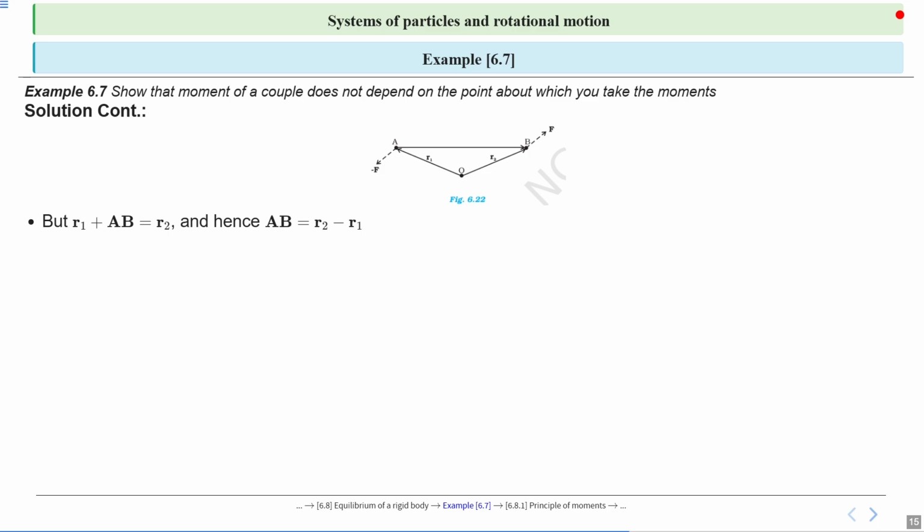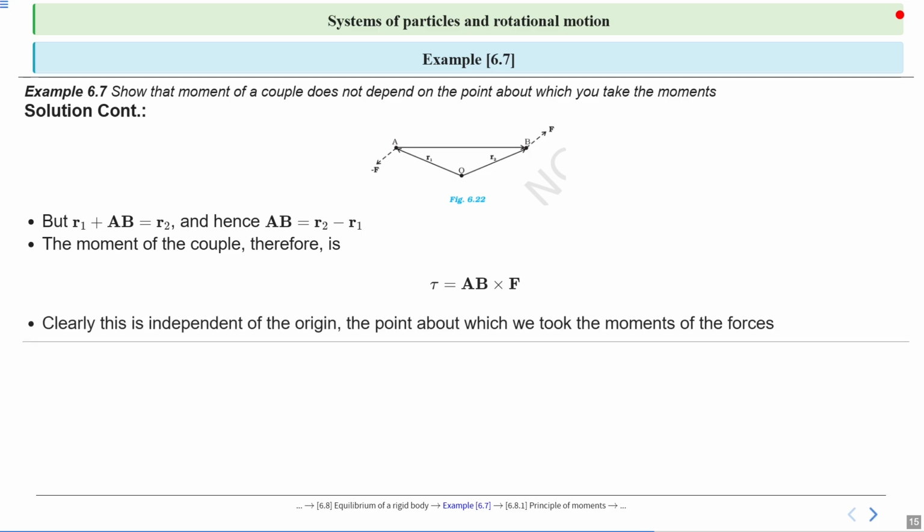The moment of the couple, therefore, is tau equal to AB cross F. So from this illustration, it is clear that it is independent of the origin about which we took the moments of the forces. From tau equal to AB cross F, this is independent of the origin. From this expression, it is clear. Yes or no?